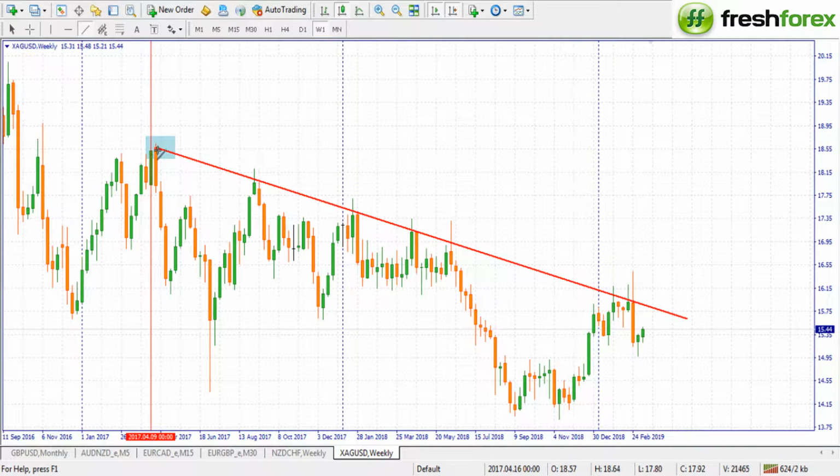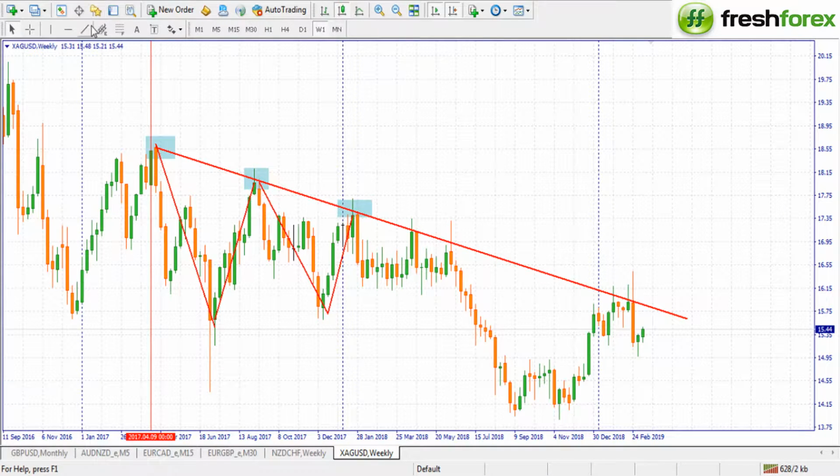Then you see price continues even lower, and then it gets back to the same place, and this is the second one. This is still a resistance, but it is lower than the previous one, so it's a lower high. Then price proceeds down before it gets back to the same place. There's another lower high.